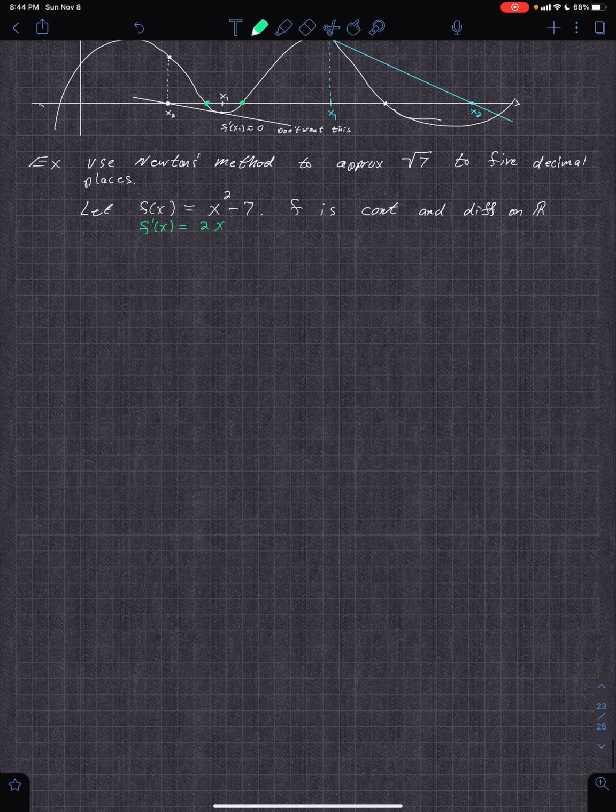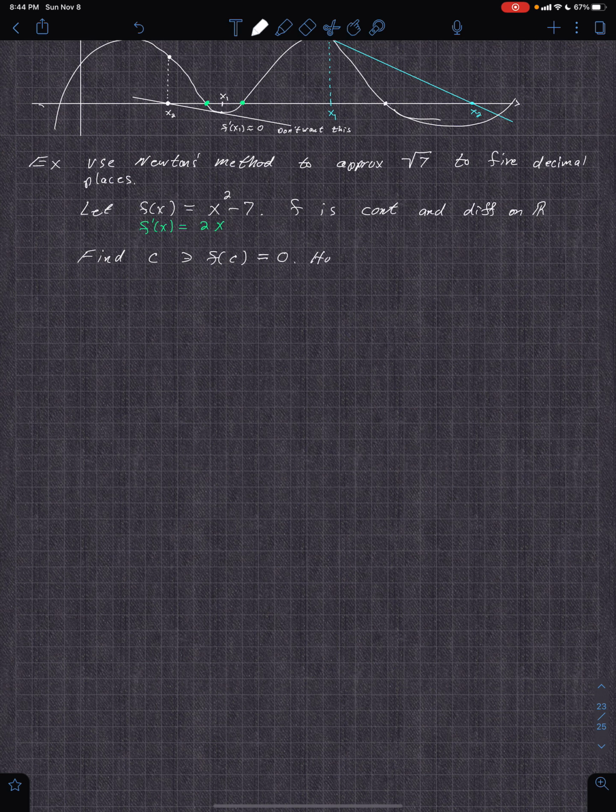All right, so then one question might be, how do we know there's a root? So we want to find c such that f of c is equal to 0.